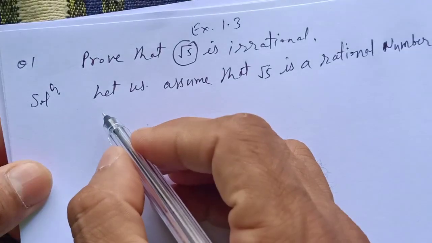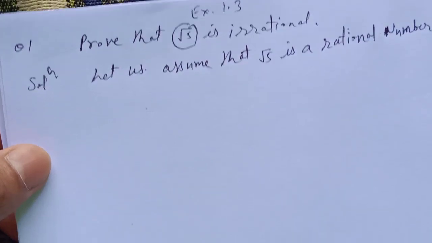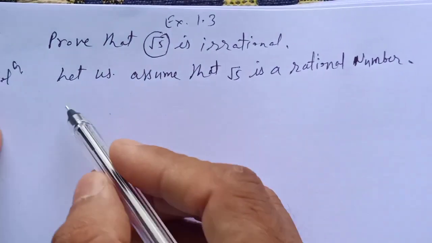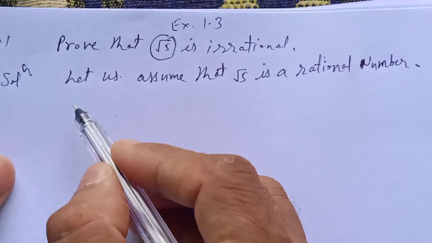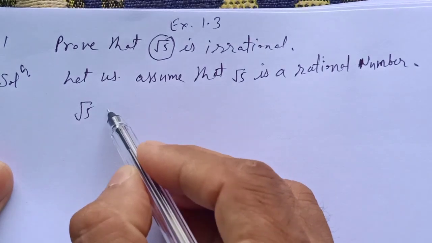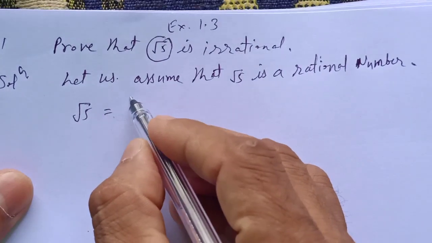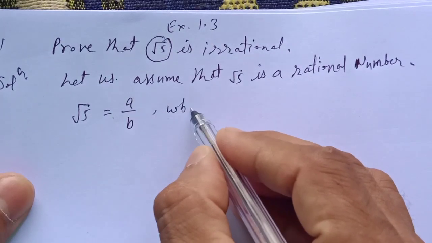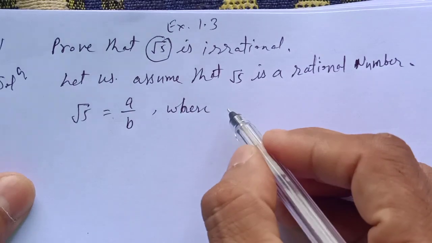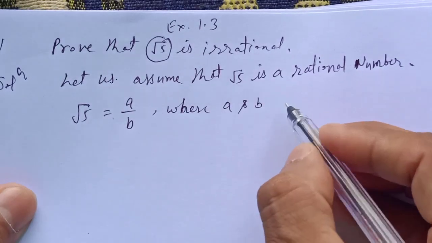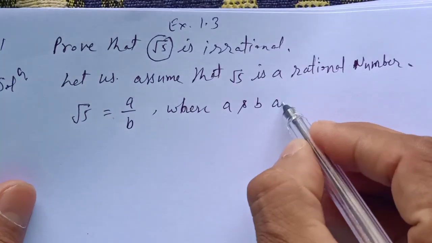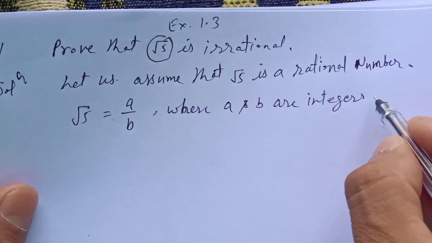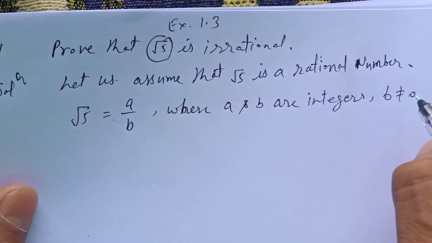So it can be written as root 5 equal to a by b, where a and b are integers, b is not equal to 0.